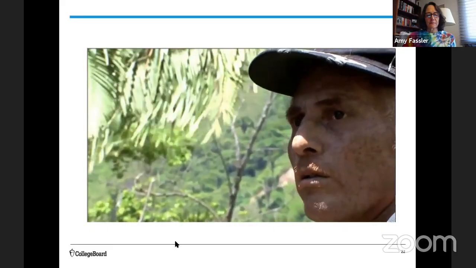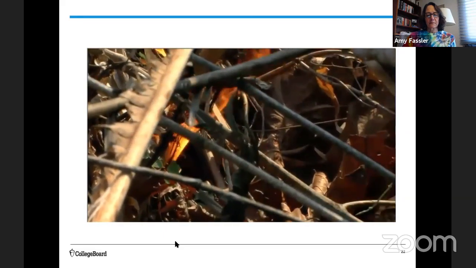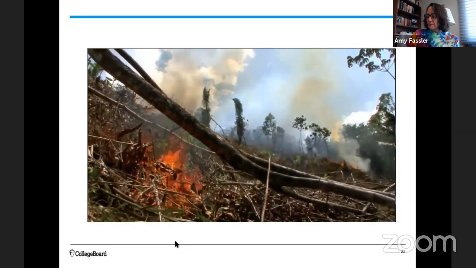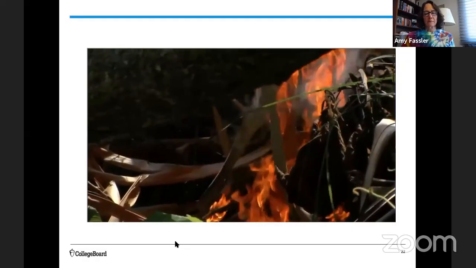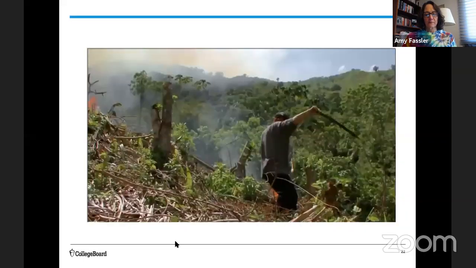You start the fire there. Okay, this is why we burn. The weeds and the trunks are thick. We can't plant amongst all of that. So we just burn it all.